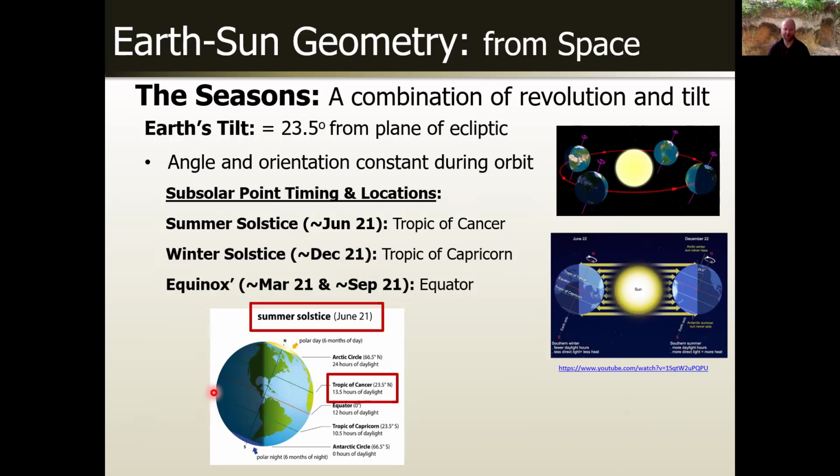And then finally, because we're revolving, the subsolar point passes over the equator twice every year, and it happens exactly on our equinoxes. Our equinoxes occur on March 21st and September 21st, and that is when the subsolar point is directly above the equator.